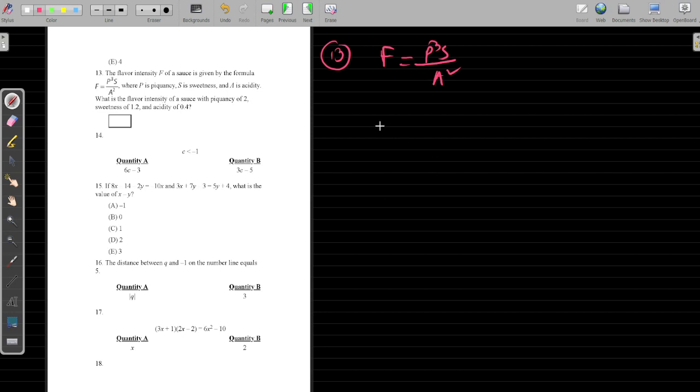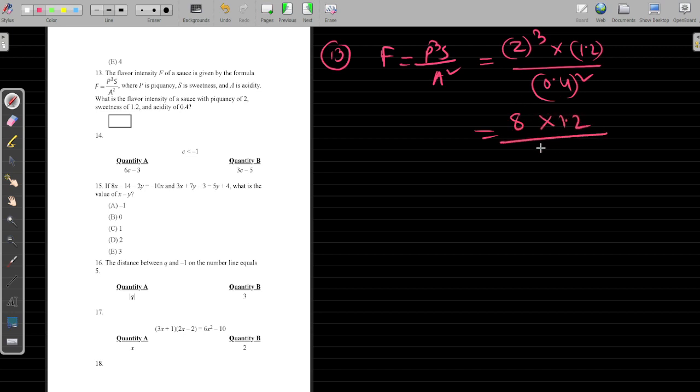What is the flavor intensity of a sauce where the piquancy P is 2, the sweetness S is 1.2, and the acidity A is 0.4 squared? So here this one is 8 and this is 1.2, and here this one will be 1.6, right? So if I remove the decimal point, then I will get 8 multiplied by 12 divided by 16.